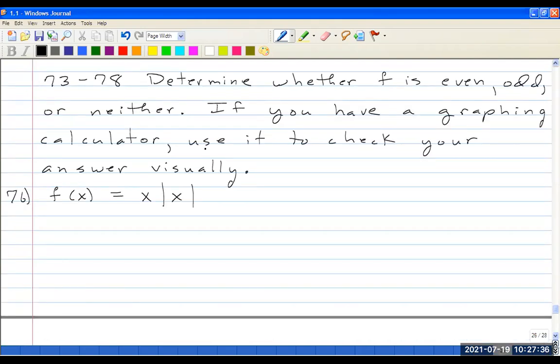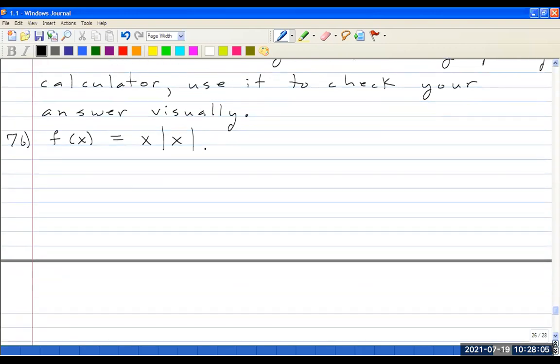In problems 73 through 78, determine whether f is even, odd, or neither. If you have a graphing calculator, use it to check your answer visually. So problem number 76. F of x is equal to x times the absolute value of x. So first, let's check symmetry.